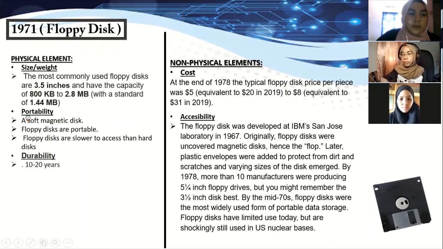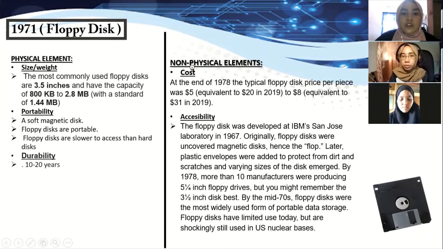The next one, portability. The floppy disk has a soft magnetic disk. Floppy disks also are portable, and floppy disks are slower to access than hard disks. Okay, for the durability, the floppy disk can last for 10 until 20 years.